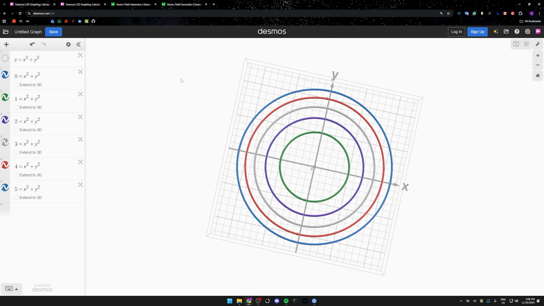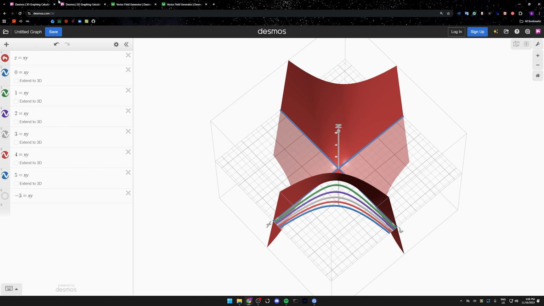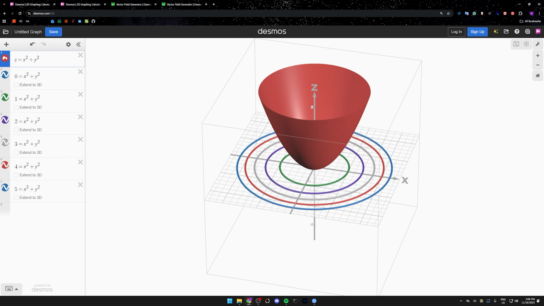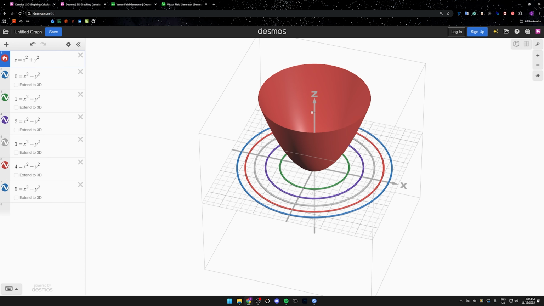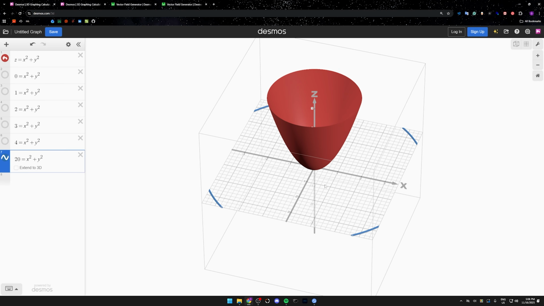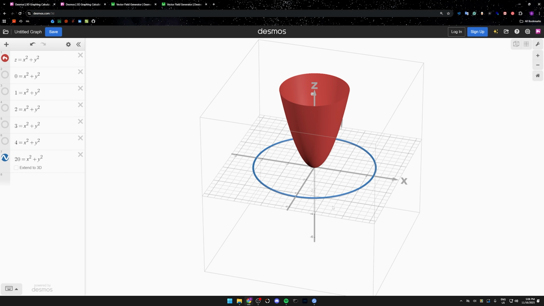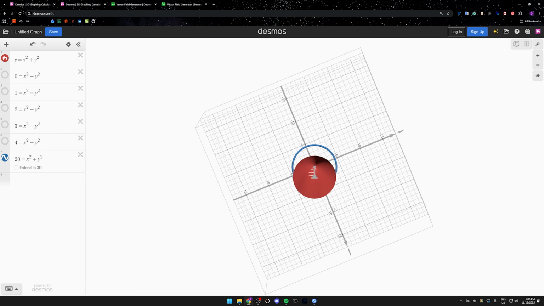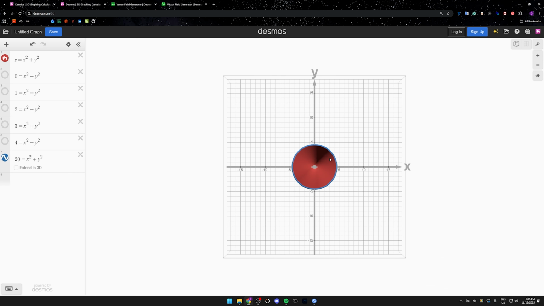So let's go to our actual function here. At z equals 20, we are somewhere here, right? And it's 2, 4 here. You have to zoom out quite a lot. And let's find it.